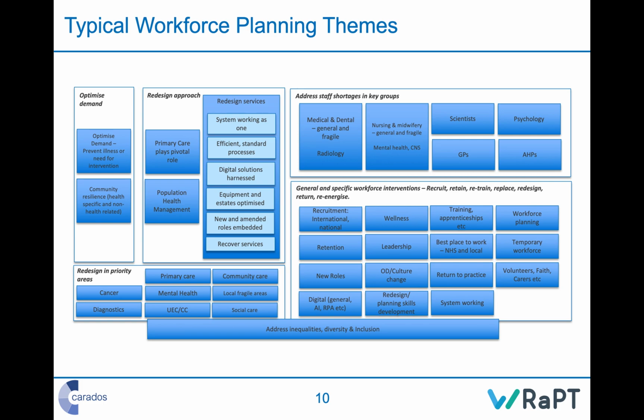And you can also build community resilience, both health specific, as in mental and physical health interventions in the community, but also non-health related, because theoretically things such as education, housing, employment, they actually have a greater impact on health than some of the interventions that we do in health and social care. So there's a whole piece around optimizing demand, only making sure that people get into the health and care system when they need to, and making sure there's support in the community. So that's part of redesign.